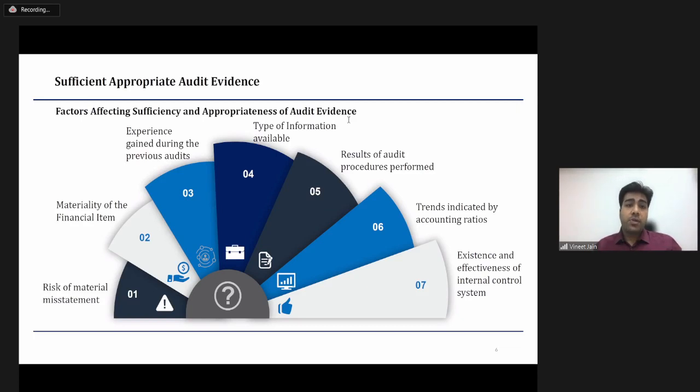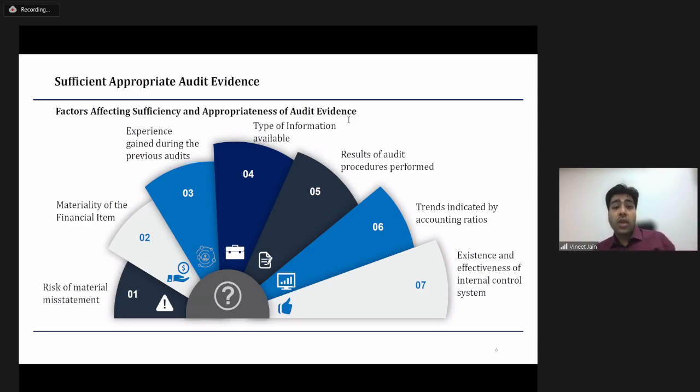Let's say, for example, we are auditing a particular entity, and we calculate the common size ratio or gross profit ratio of the financial year under audit, and we compare it with the preceding year, and there is a substantial difference between the two ratios. Then definitely we will start looking into whether the expenses are on the higher side in proportion to the sales as compared to the preceding year.